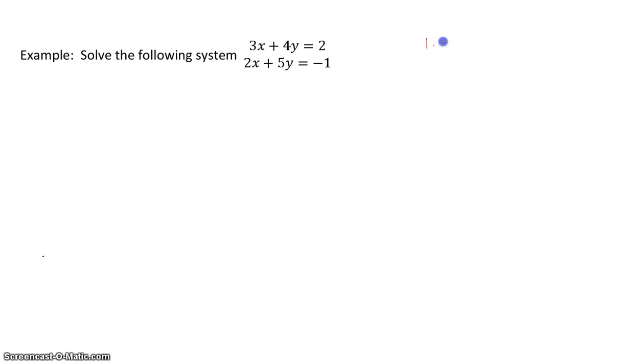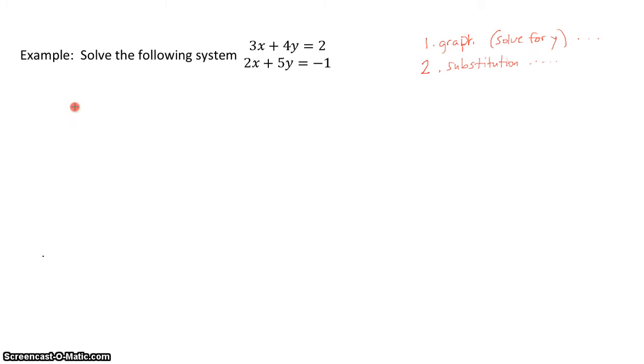We could try and graph this, which means we could solve for y. But none of this is going to be very clean, so we're not going to do that. We could try substitution. We could try that as well, but again, it would take a while.